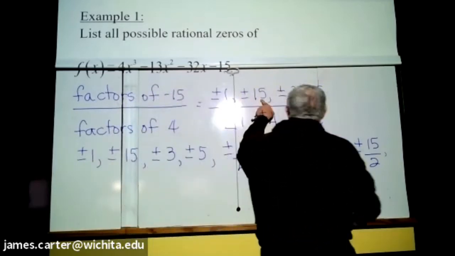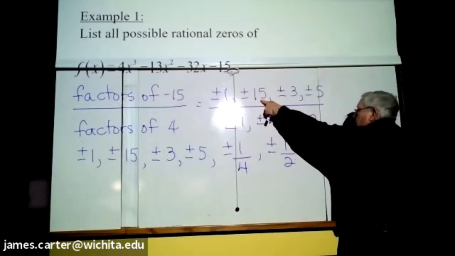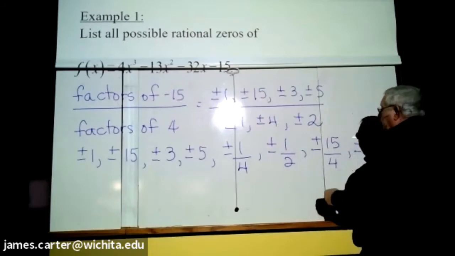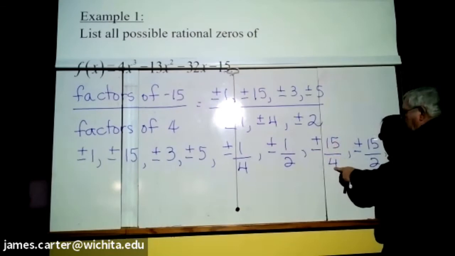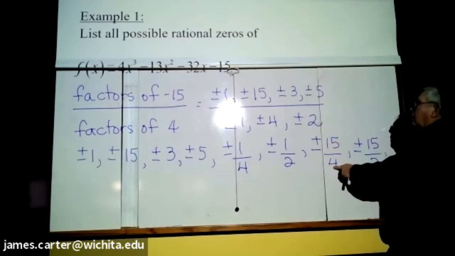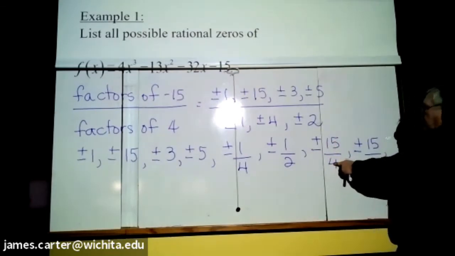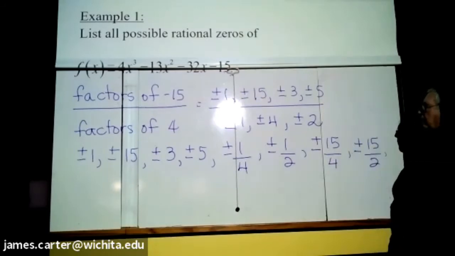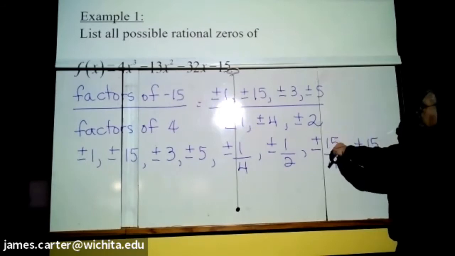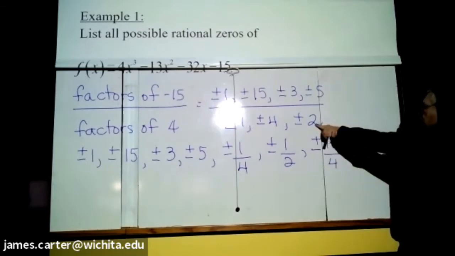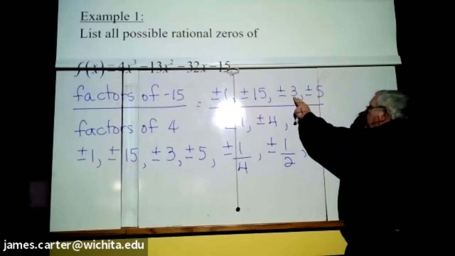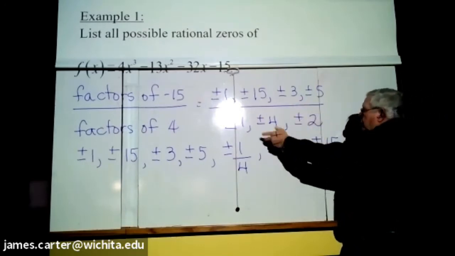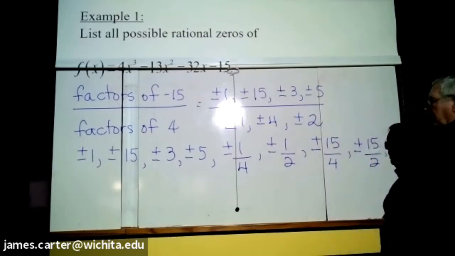Okay, then we go to the next top number, 15. Well, 15 over 1 is 15. 15 over 4 here. And then 15 over 3 reduces to 5, so we don't need to write that one down. And then 15 over 2 is here. Then we come to the next number, 3. 3 over 1 is 3.